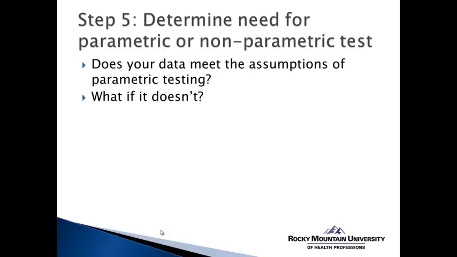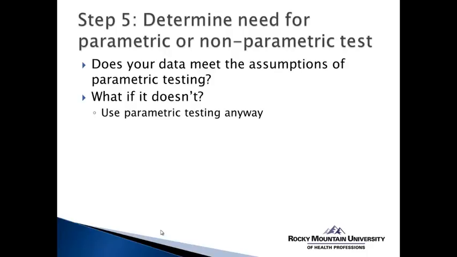So if it doesn't meet the assumptions of parametric statistics, what do we do? We actually have a few options. The first is to use parametric testing anyway, even if we violated some of the assumptions of parametric statistics. Now, when we do that, we hope that it doesn't seriously invalidate or contaminate your results.